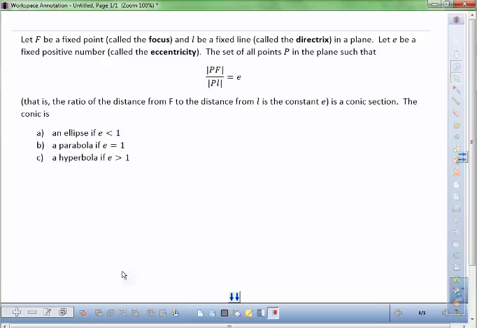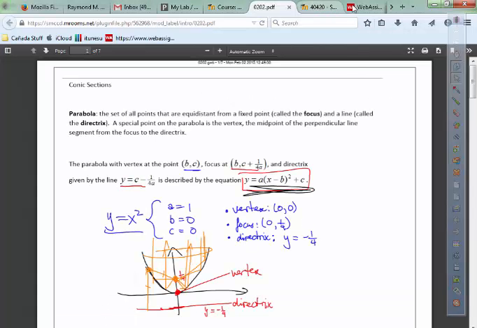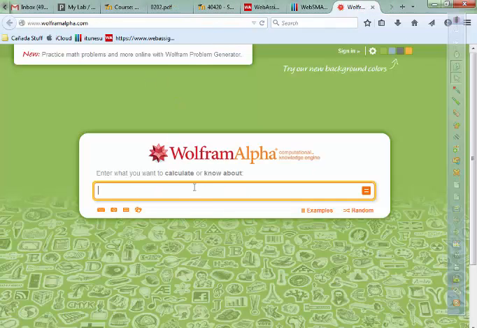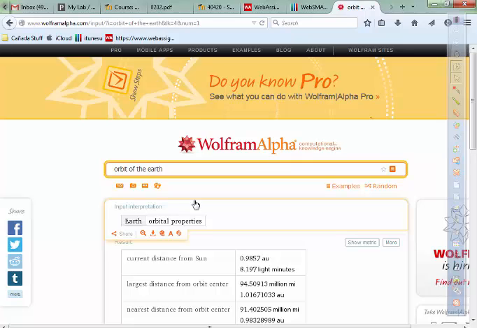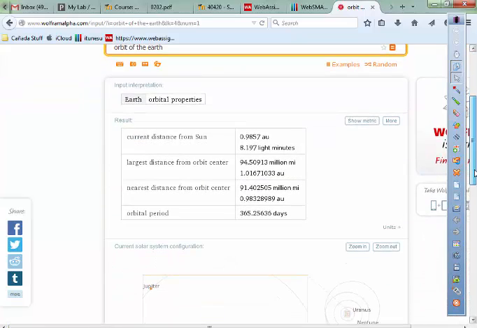In fact, if you look at any website, like Wikipedia, and find the orbit of the Earth there, you'll see that one of the values that they give you is eccentricity.